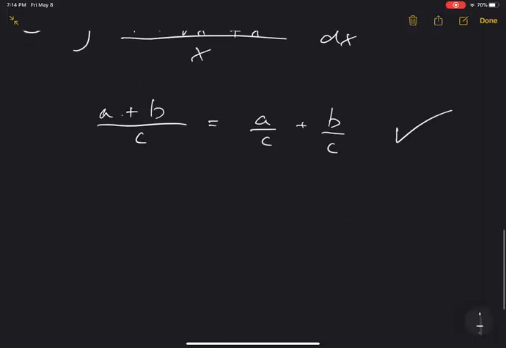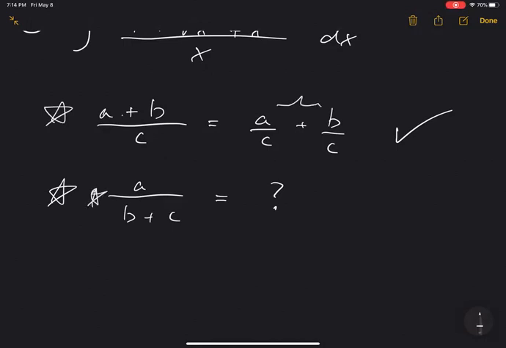What I can't do is, if I have a over b plus c, I can't split that up as easily. We're actually going to cover this scenario in section 7.4, something we're going to deal with later in the semester. But keep in mind that if we have a fraction like this, we can split it up, but we can't split this other one up as easily.